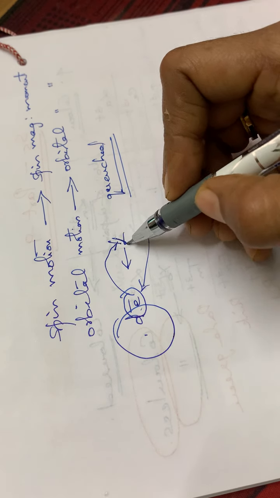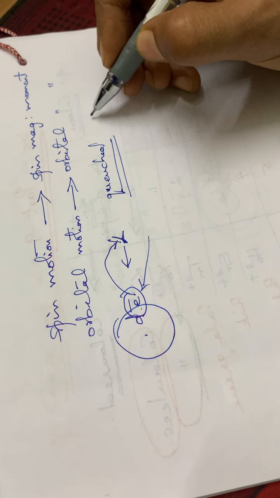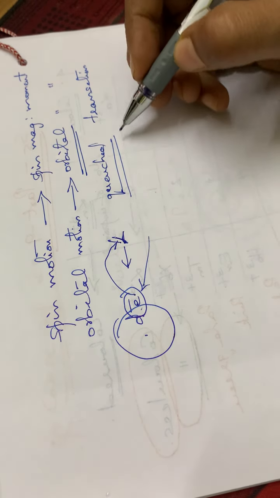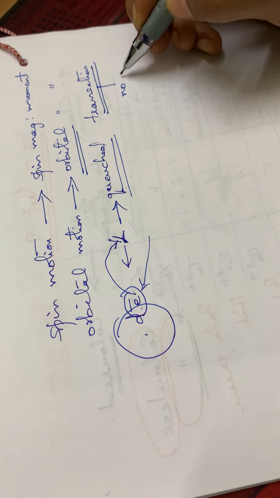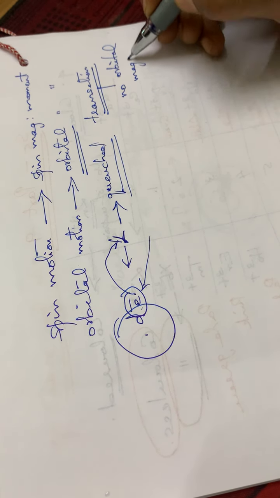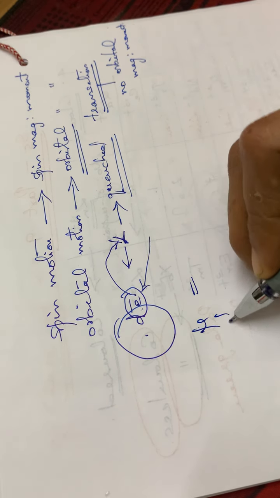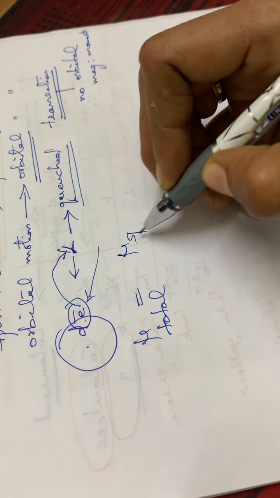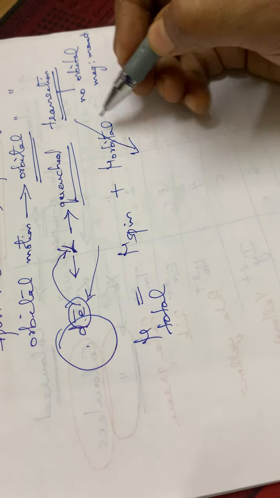So the ligands have an influence over the outermost d electrons, and as a result, for the transition elements, the orbital motion of the d electrons is quenched. In the case of transition elements there will not be any significant orbital magnetic moment. We apply a formula for calculating mu: the total magnetic moment equals mu spin plus mu orbital, and mu orbital can be neglected in transition elements.